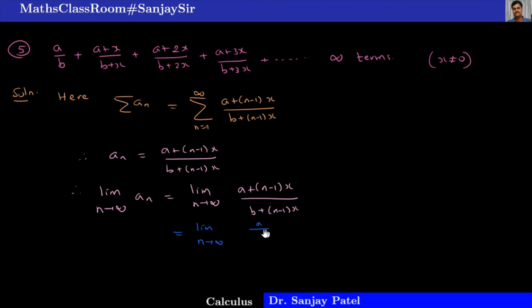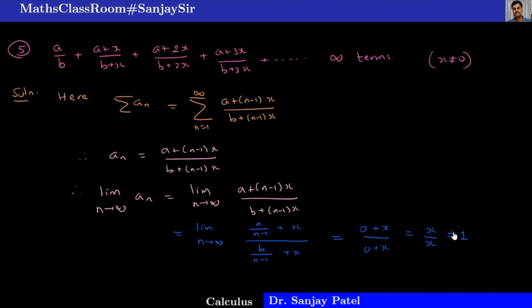So what I will get is a upon (n minus 1) plus x divided by b upon (n minus 1) plus x. If you take the limit of this as n tends to infinity, n minus 1 also tends to infinity, and a and b are fixed numbers. So a upon (n minus 1) tends to 0 and b upon (n minus 1) also tends to 0. So what we are left with is 0 plus x, and here also 0 plus x. This n tending to infinity does not affect x, where x is a fixed non-zero real number. So what we get is x upon x, and since x is not 0, this is equal to 1.